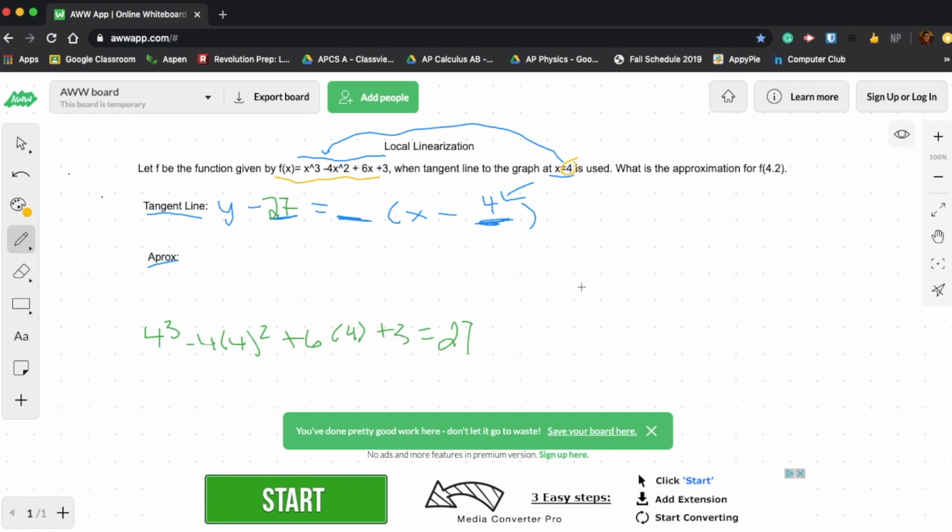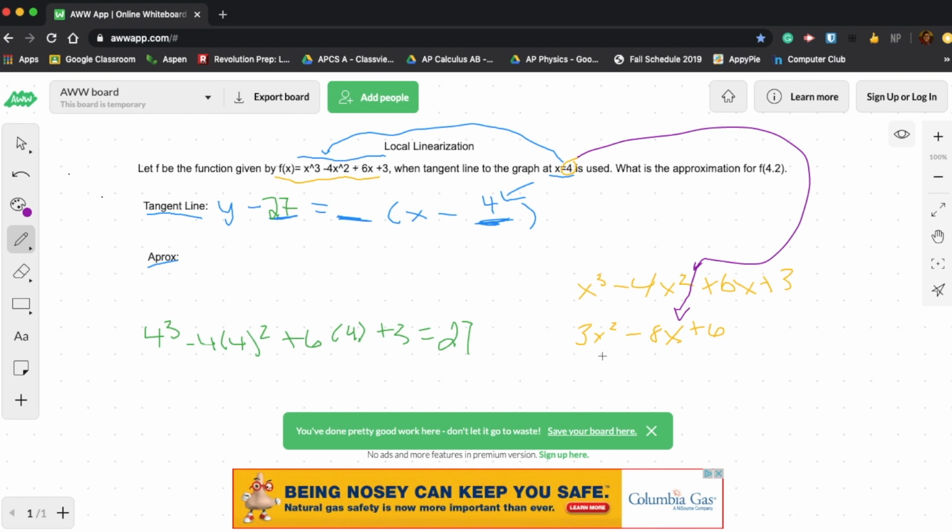Currently we are given x cubed minus 4x squared plus 6x plus 3. Now let's take the derivative of this, so it's going to be 3x squared minus 8x plus 6, and 3 is a constant, so you don't do anything about it. Then you plug in 4 into this value.